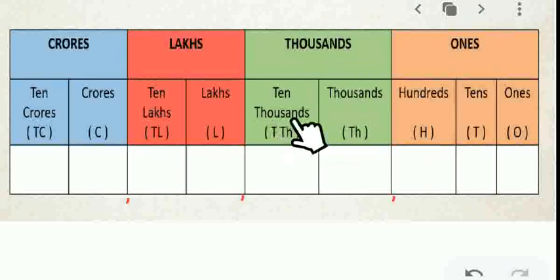It consists of 2 places, thousands and 10,000s. The third period is lakhs. It consists of 2 places, lakhs and 10 lakhs. TL is the notation for 10 lakh. The last period is crores. Crores and 10 crores are the places. 10 crore is denoted as TC.